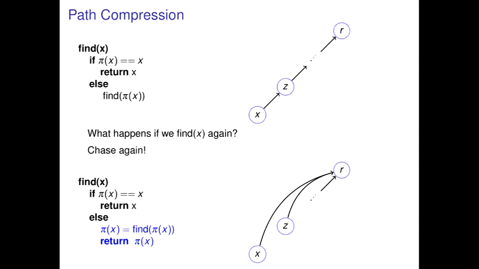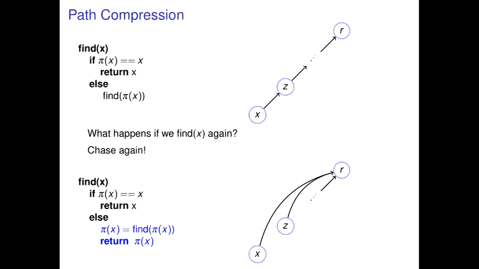So every time you do a find on x, the next time you do find on x, it's going to be the same thing, right? You're going to get the same answer. You're going to get R, or you're going to get whoever R points to. But you're going to have to go through R. So why not just skip and go to R? So that's what this says. It says I change my pointer to go to the root of the current tree.